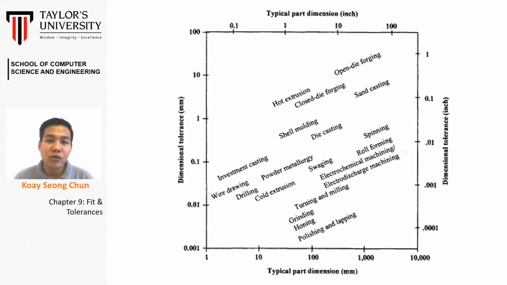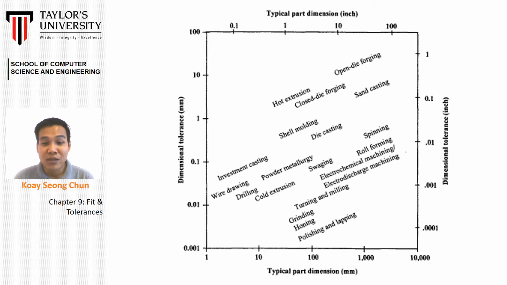The tolerance can also be linked to the different types of machining. From the figure shown here, you will see the difference in tolerance between machining methods. For example, die forging, hot extrusion and sand casting have very low tolerance, meaning the variation of your dimension will be very large.